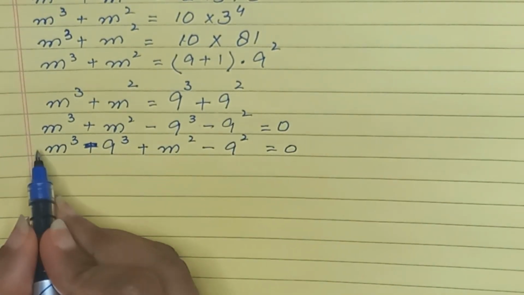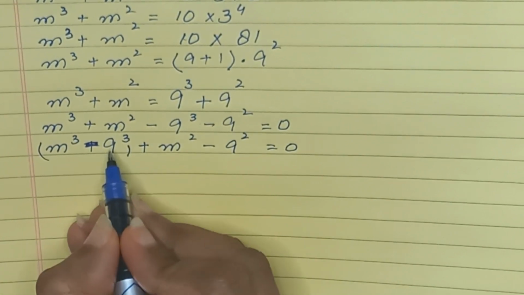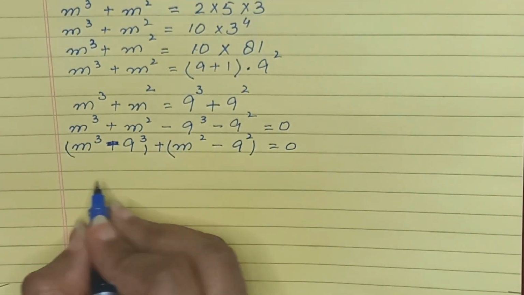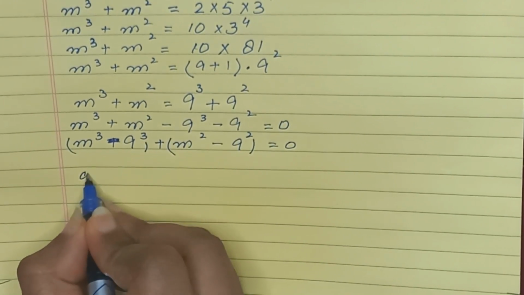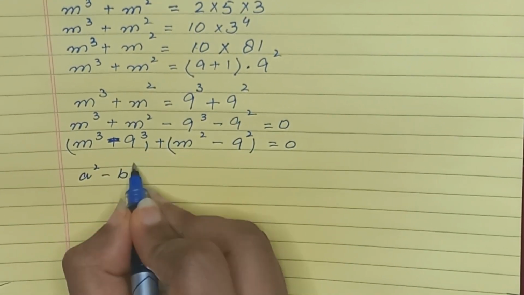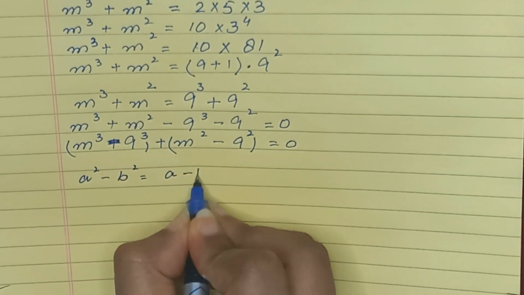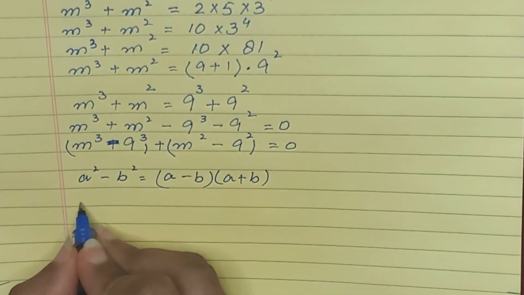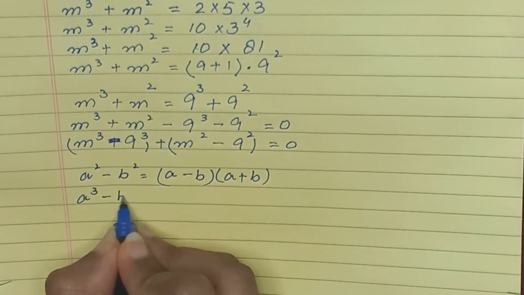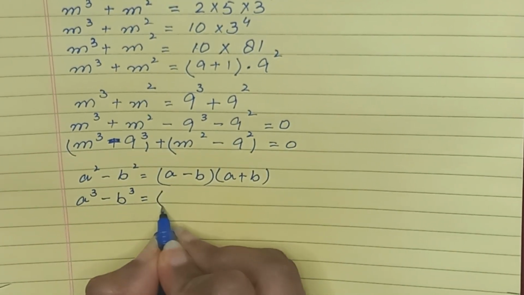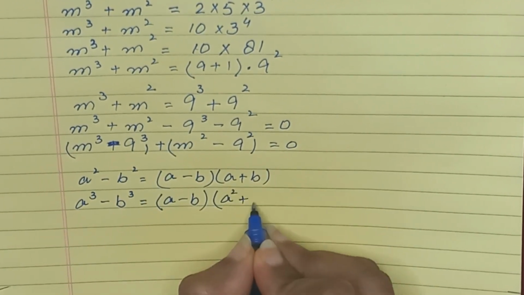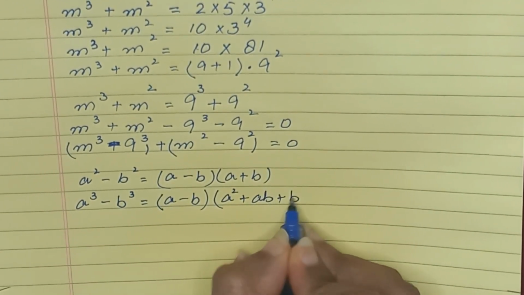You can see here it is the form of a cube minus b cube and a square minus b square. We know that a square minus b square is equal to a minus b, a plus b, and a cube minus b cube is equal to a minus b into a square plus ab plus b square.